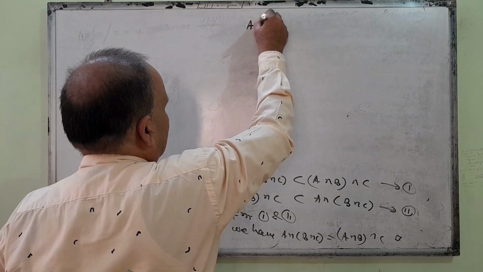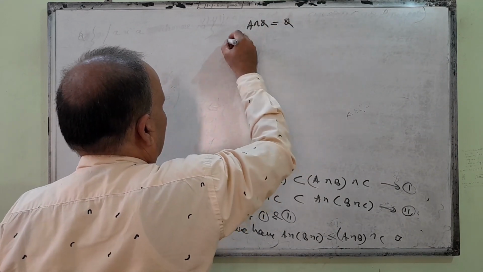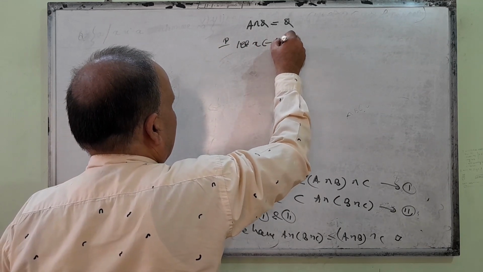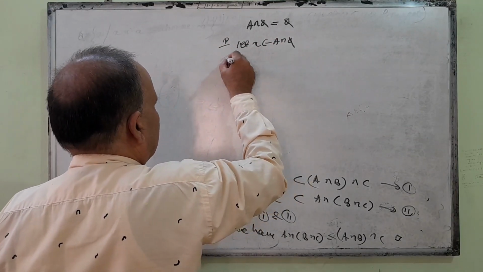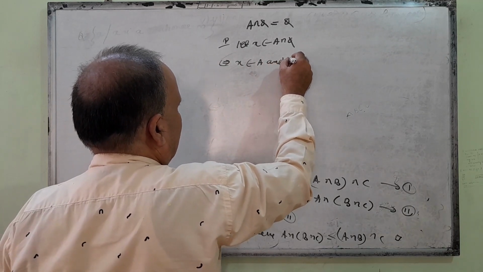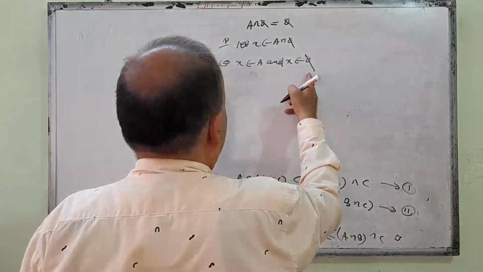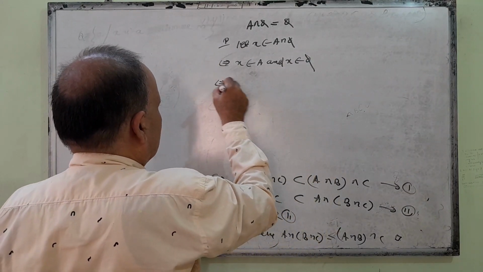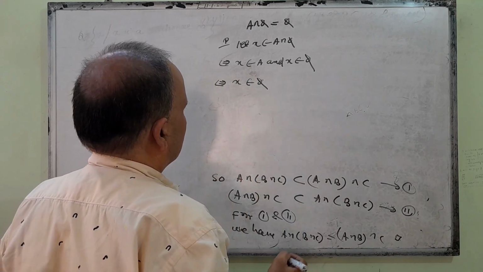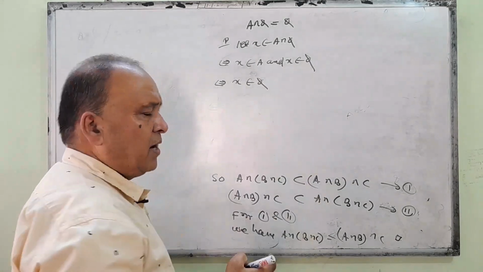Next come to your seventh property: A intersection phi is equal to phi. Proof. Let x belong to A intersection phi. This implies and is implied by x belongs to A and x belongs to phi, which is quite impossible, because phi has no element.